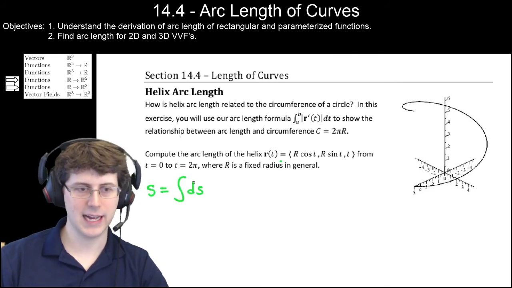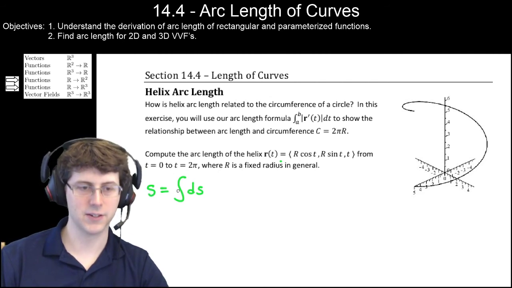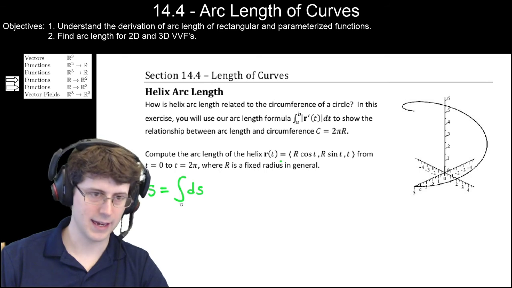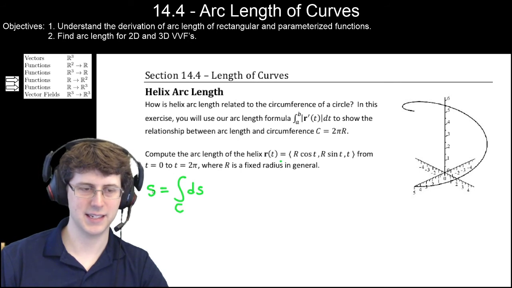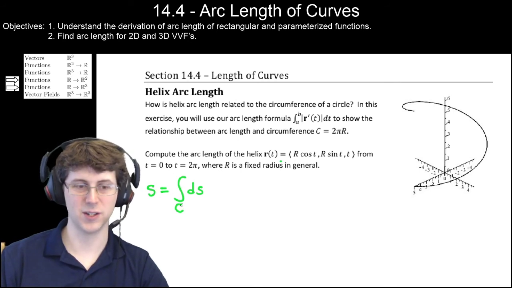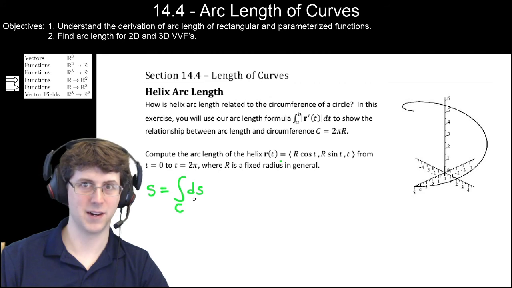We should be pretty happy with the arc length being the integral of the little bits of arc length. I want to start writing this C here, saying this is the integral over the curve of all the little bits of arc length.